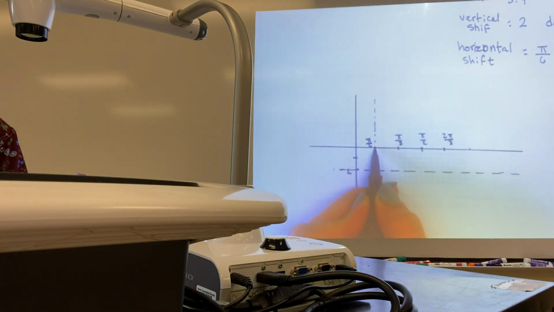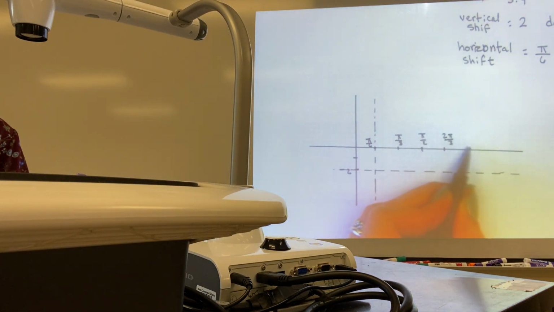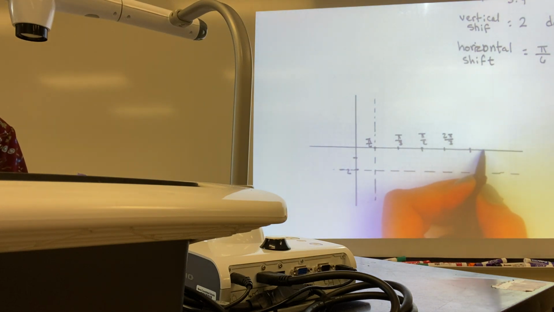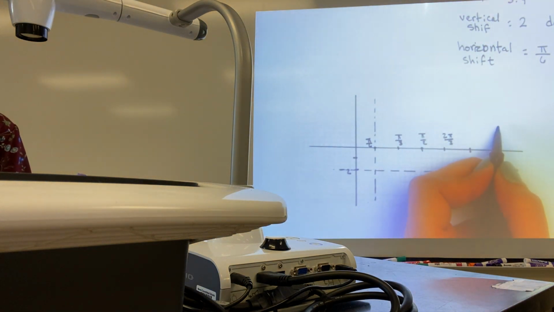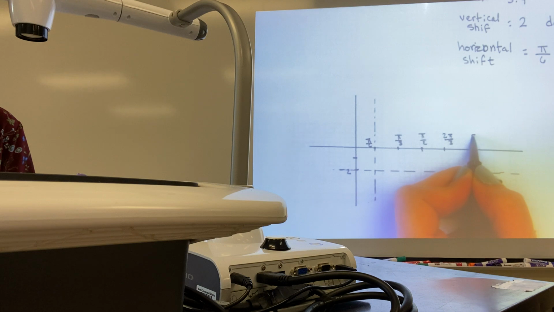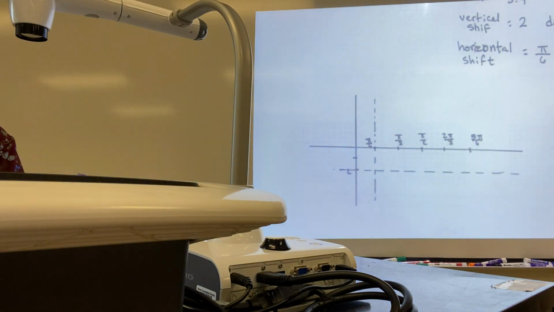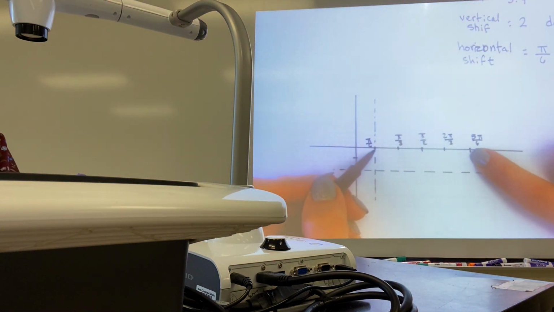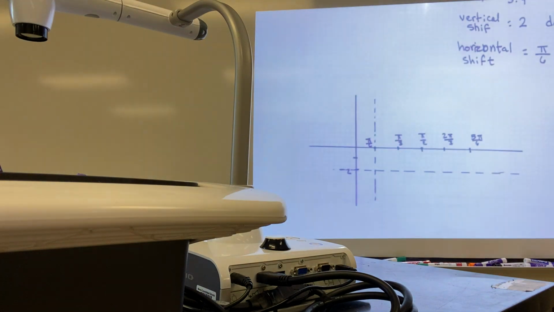And we said we need 4 steps, so we go 1, 2, 3, and 4, and the last one will be 5pi/6. Okay, so from pi/6 to 5pi/6, it will give me the period of this section.